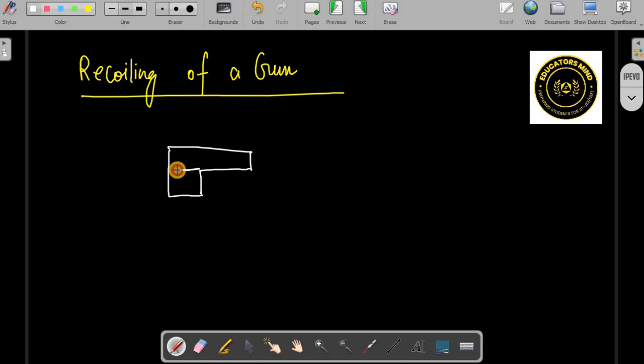Some trigger is there and this trigger is being pulled and a bullet is coming out like this with a velocity, let us say v1. The gun will recoil in this direction, v2. The mass of this bullet is small m, the mass of the gun is capital M. Before firing the total momentum was 0 because the system was at rest. After firing also the total momentum must be 0.